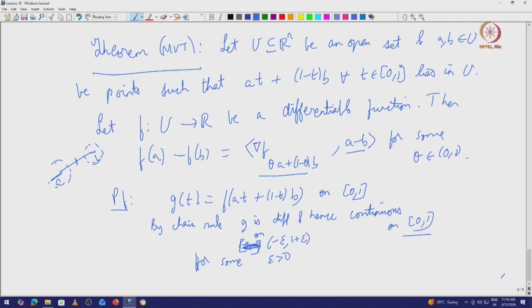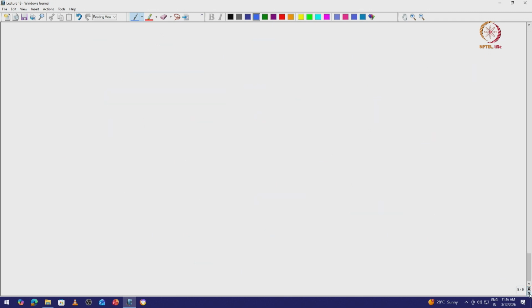Now, what we can do is we can differentiate this. What is the derivative of this?